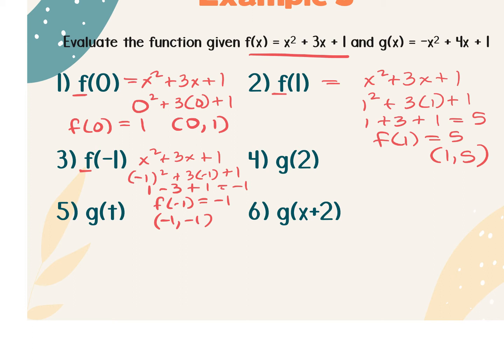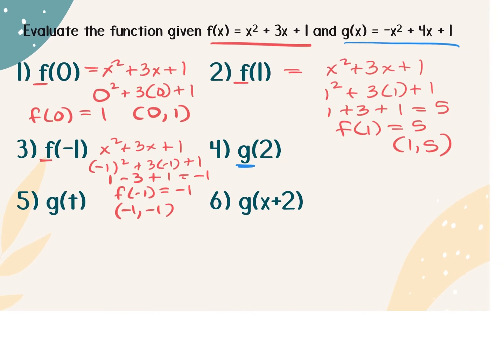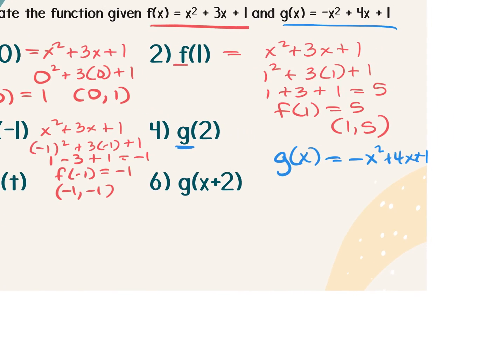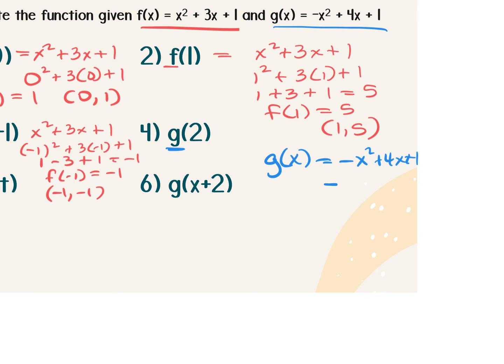For number 4, now the letter changed, I'm using the g of x function. Be very careful when you've got a negative sign in front of the variable. So what I'm going to replace here is my g of x, and it's negative x squared plus 4x plus 1. So I'm leaving the negative sign.